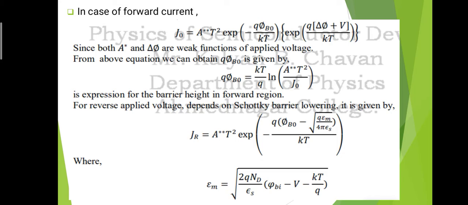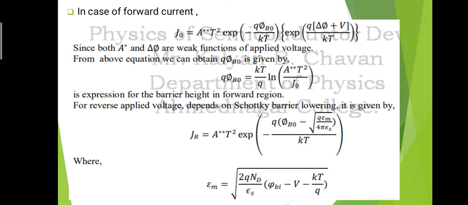So epsilon m is equal to the square root of 2q Nd divided by epsilon s times (phi bi minus V minus kT by q), where phi bi is the built-in potential, V is the applied voltage, and kT by q is a constant term, kT is the thermal energy, q is the charge, Nd is the donor concentration density, and epsilon s is again a constant, and epsilon m is the electric field developed at the metal semiconductor contact.